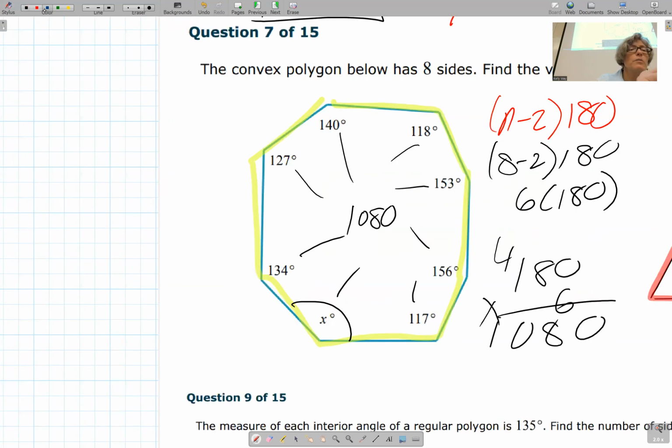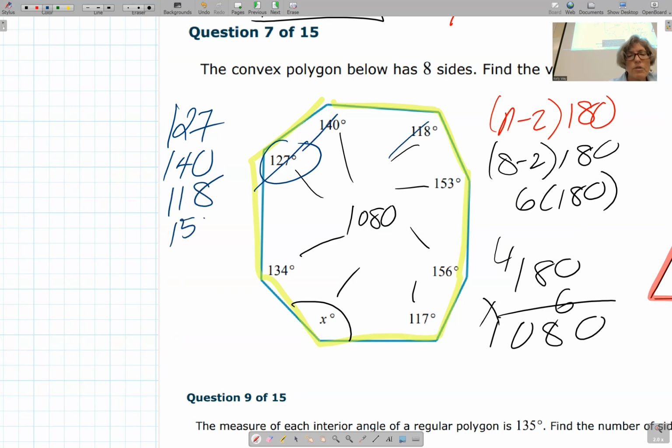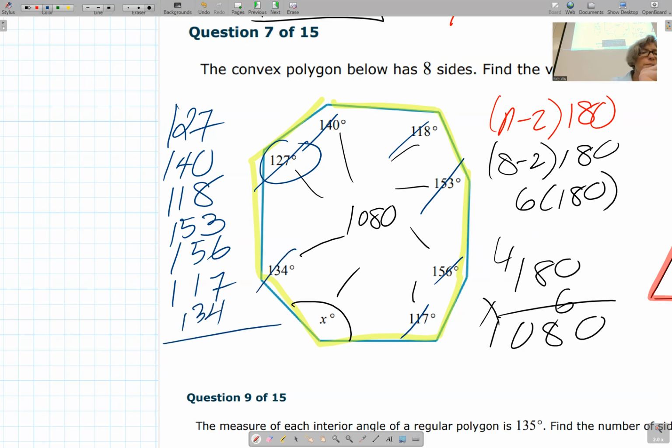Now, very carefully, by hand, I'm going to add these up. I have 127, cross it out as we go, 140, 118, 153, 156, 117, 134. That's 15, 16, 17, 18. 18 plus 6 is 24. 24 plus 7 is 31, 35.